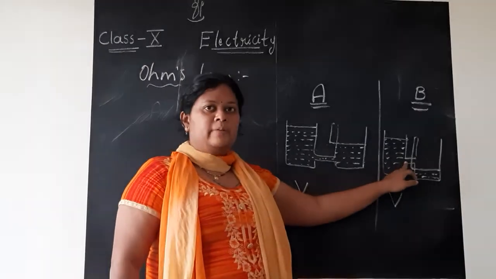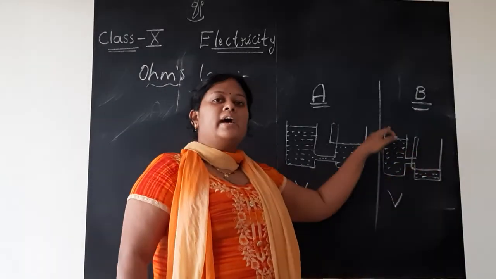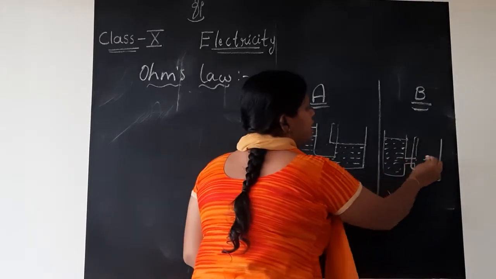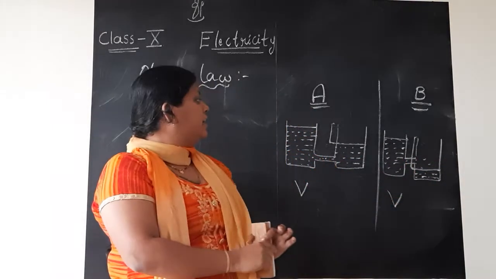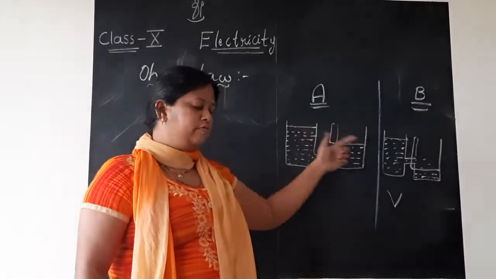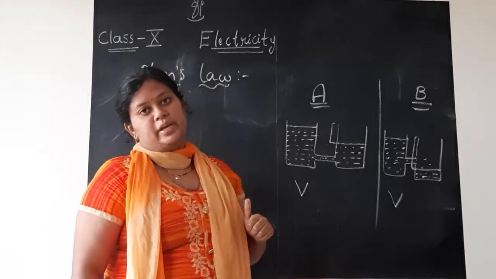Obviously in case B, because the difference is more, and once you allow it to flow from the first beaker to the second beaker, it will flow very fast. But here the difference is very less, so it will flow slowly to the second beaker.